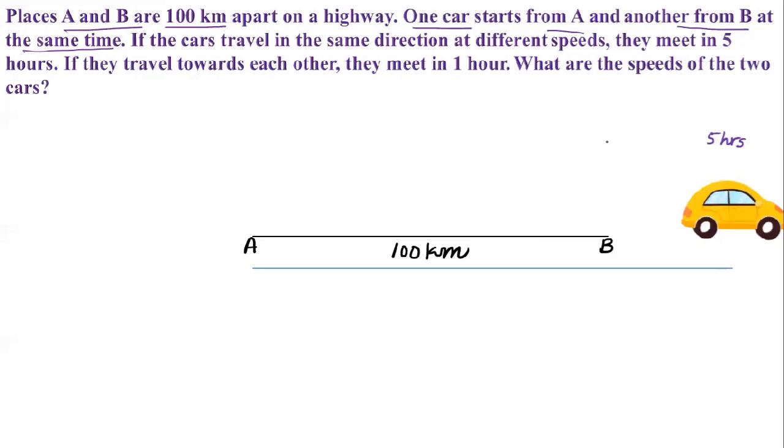Time taken by both the cars is 5 hours because they have different speeds. We don't know the speeds, so let the speed of car A, which started from A, be x, and the speed of car B, which started from B, be y.